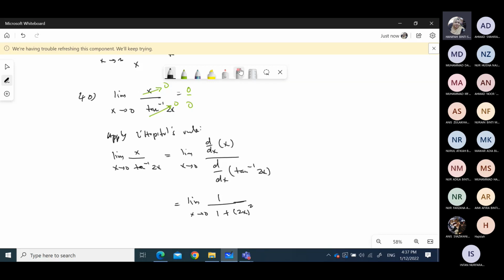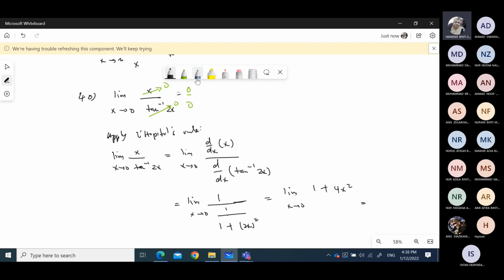So it is 1 over 1 plus 2x squared, times 2, which is equivalent to the limit as x approaches 0 of 1 over 1 plus 4x squared.